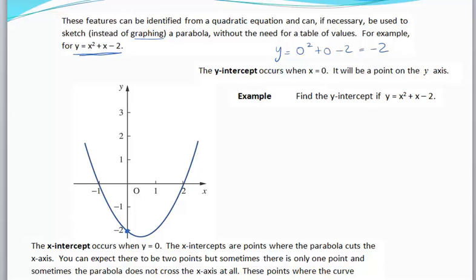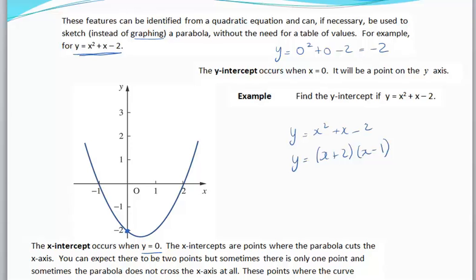Our x-intercept occurs when y is equal to 0. So we have y is equal to x squared plus x minus 2 here. So what we can do is we have x plus 2, x minus 1. So here x squared plus 2x minus x becomes plus x minus 2.